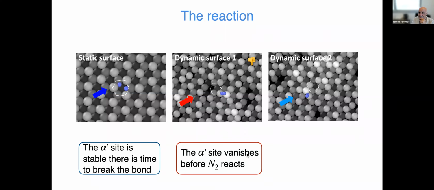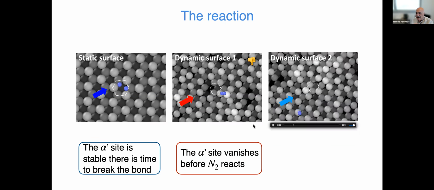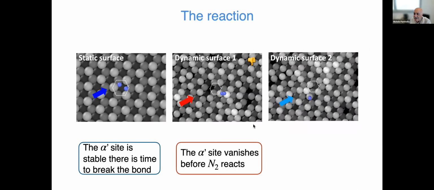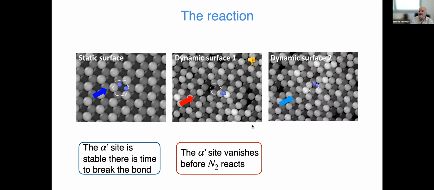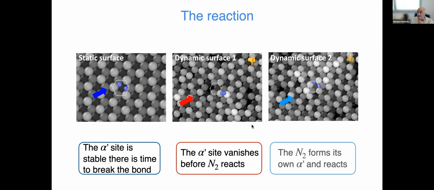So then we go to more lucky things. Eventually this guy manages to find the fleeting moment where the site is there, and it breaks. Okay, and so that's it.